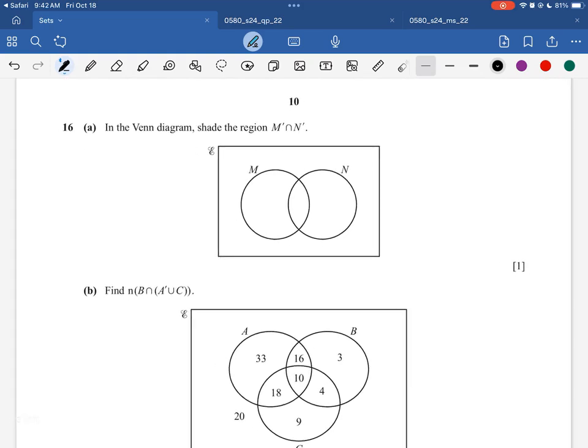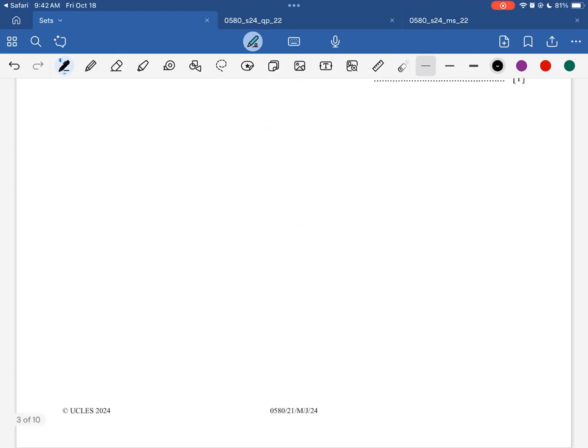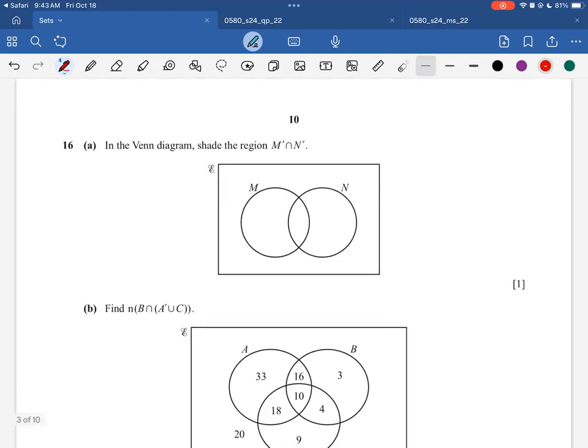This is May June 24 math, May June 24 paper 2-1, just in case you want to reference it. Now it says question 16, in the Venn diagram shade the region M prime intersect N prime.